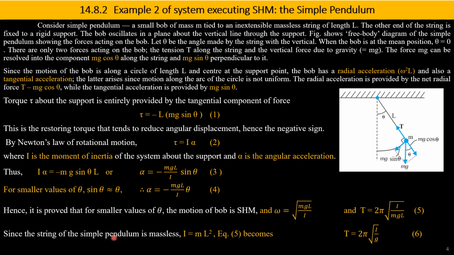Since the string of the simple pendulum is massless, I is equal to m into L square, where I is the moment of inertia, m is the mass, and L is the length of the string. So therefore, equation 5 becomes T is equal to 2 pi into square root of L divided by g. Let it be equation 6.